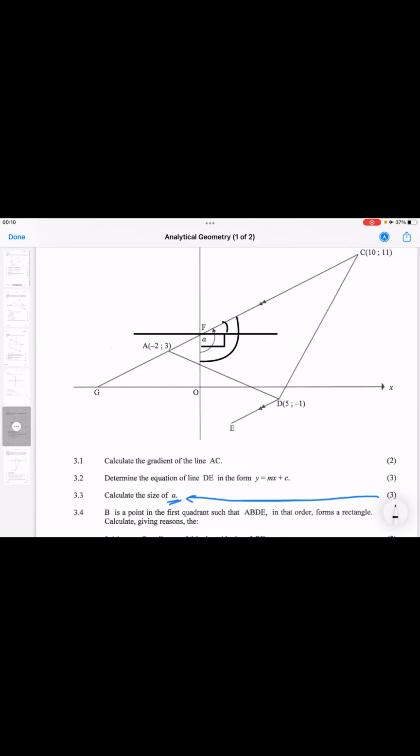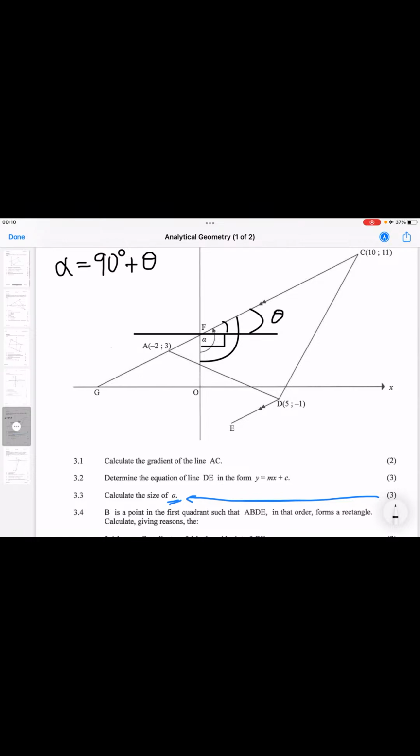So that means angle alpha is equal to 90 degrees plus that smaller angle. Then this is where you will realize that this smaller angle is actually the angle of inclination. Maybe let's call it angle theta for now. So that means alpha is going to be 90 degrees plus theta.